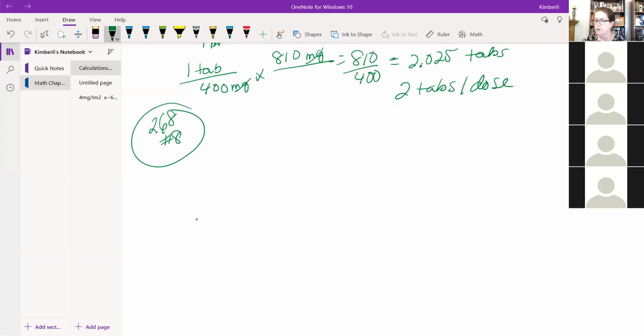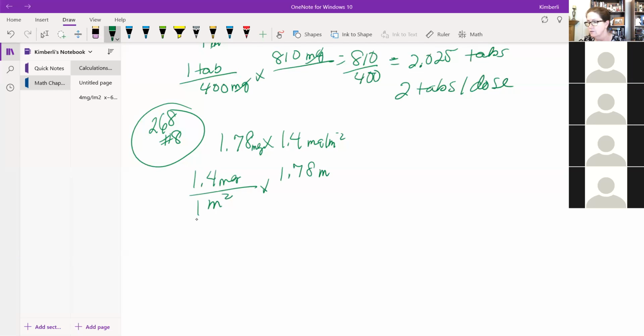Okay, so the body surface area is 1.78. And I'm going to multiply that by 1.4 milligrams per square meter. If I want to use dimensional analysis, I'd put the 1.4 milligrams over square meters times 1.78 square meters.